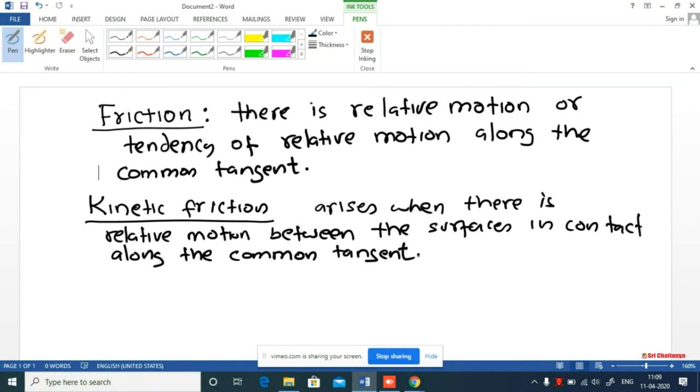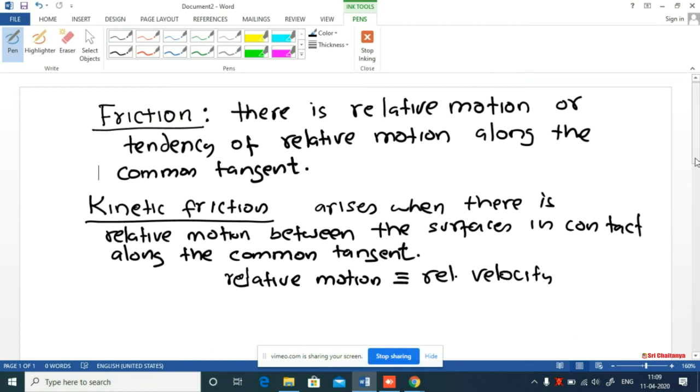What exactly does it mean? So from now onwards, we must take it into account that whenever we say relative motion, we simply mean relative velocity. So relative motion, by this we mean relative velocity.